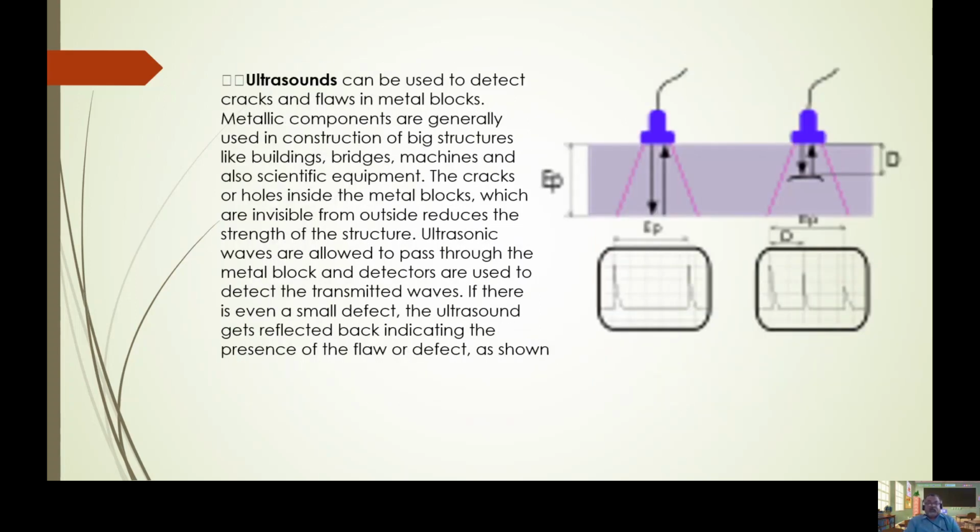Ultrasounds are also used to detect cracks and flaws in metallic blocks. Metallic components are generally used in construction of big structures. This is called non-destructive checking of the material, without breaking, cutting, or anything. The ultrasound can detect the cracks in the material.